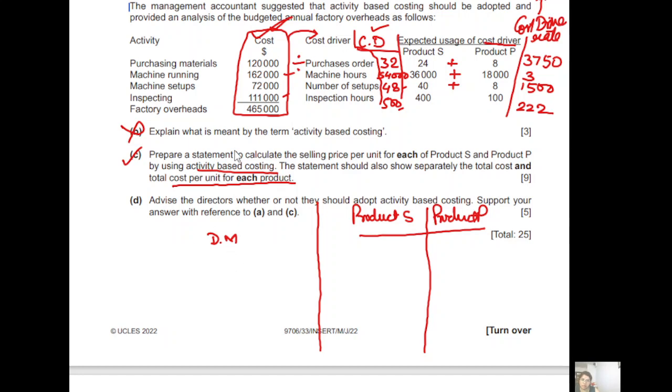Now what you have to do first, we are going to use the same thing. Start with the direct material and then direct labor, and then use all these things. What do you have in your cost drivers? Purchase order, so you can write purchase material, then machine running, then machine setup, then inspection.